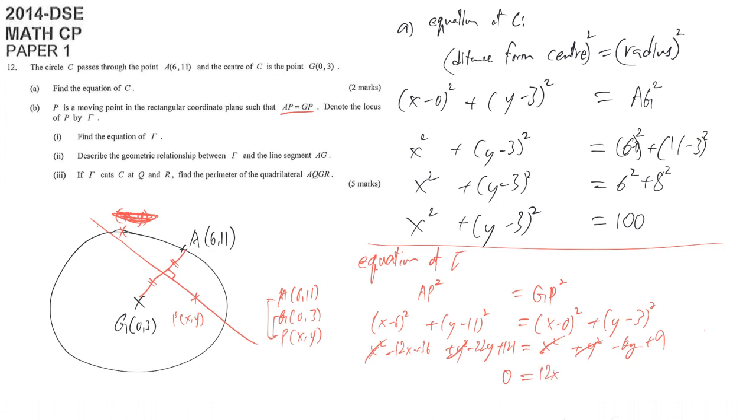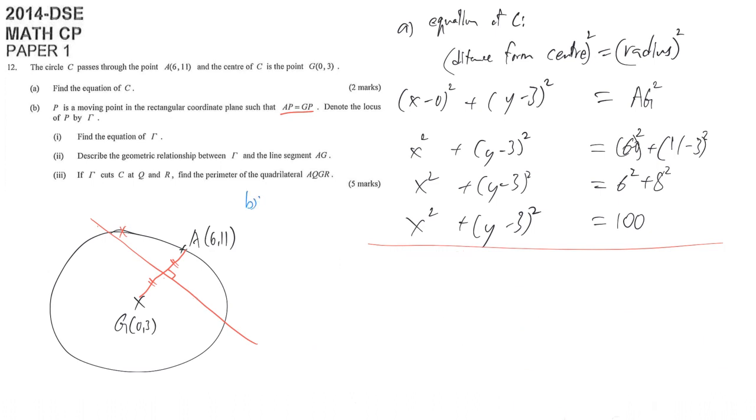And then we have to simplify it, both sides divided by 4. So 0 is equal to 3x plus 4y minus 37. That's the answer for part B1.